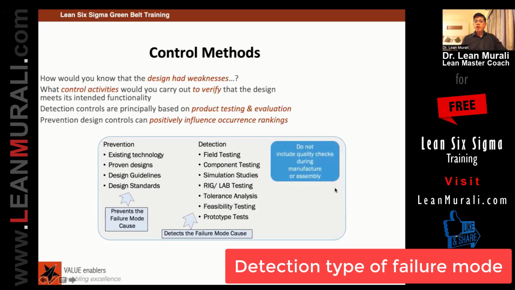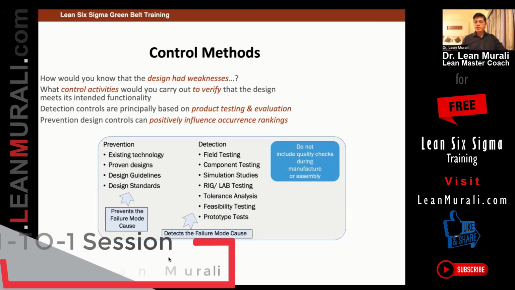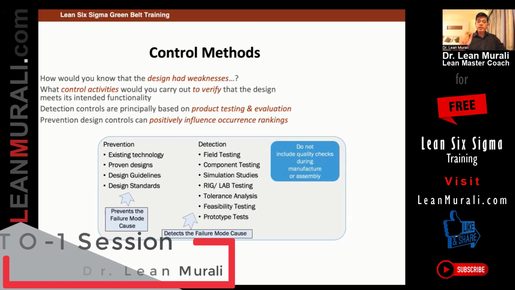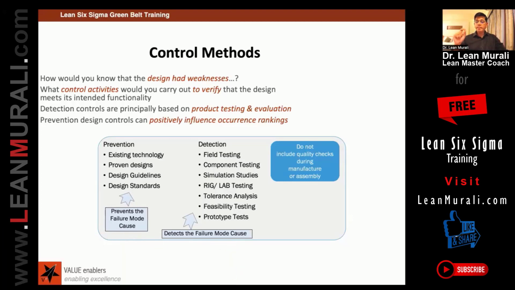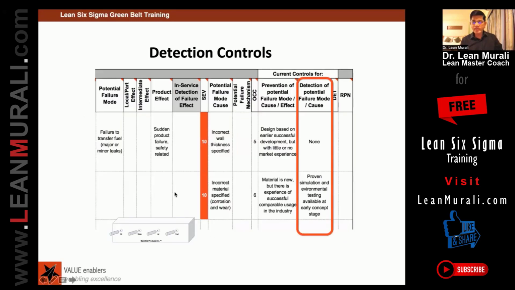So do not include quality checks during manufacturing. Generally, it is not a good thing to say, I check the quality and that is the control method. This is a note for you: please do not include quality checks during manufacturing as the detection control mechanism. In detection, we can put both preventive controls and detection controls.